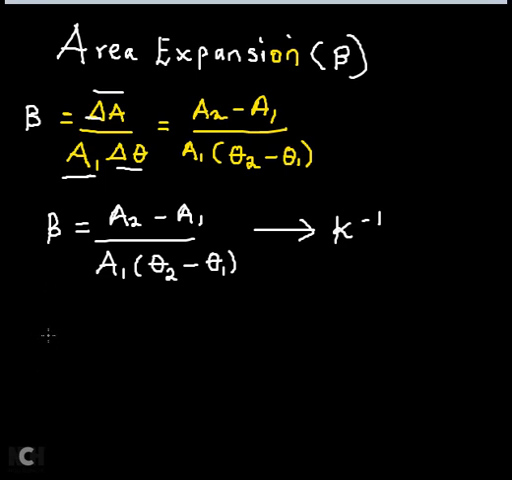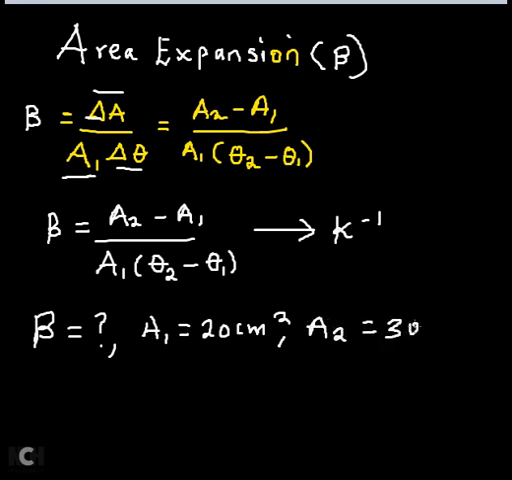So let's look at a situation where you are being asked to find the area expansivity, when a substance increases from the original area of 20 centimeters square to a final area of 30 centimeters square, when the temperature changes from 10 degrees Celsius to 30 degrees Celsius.